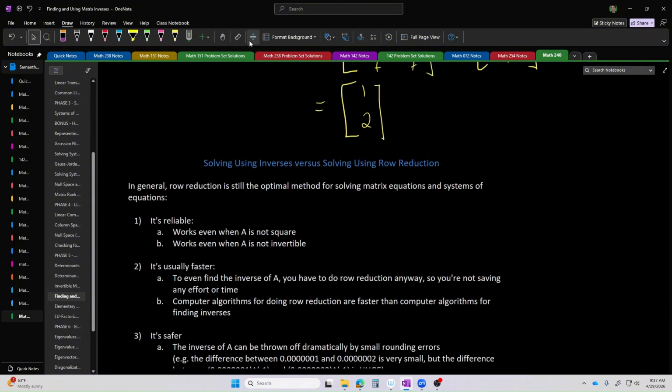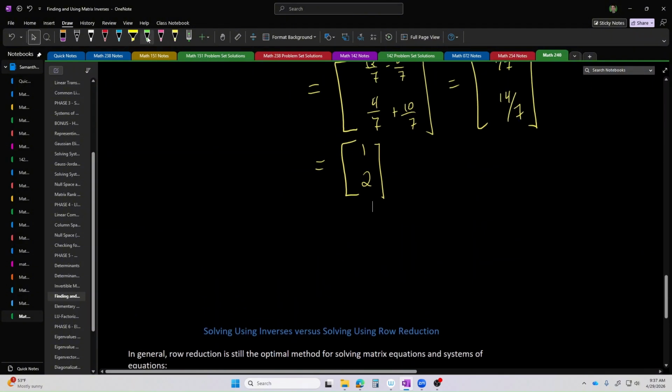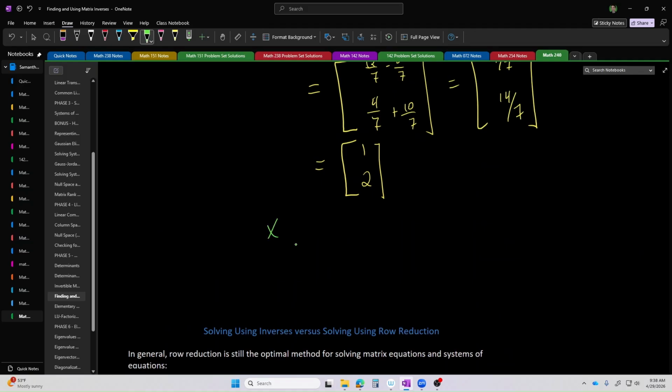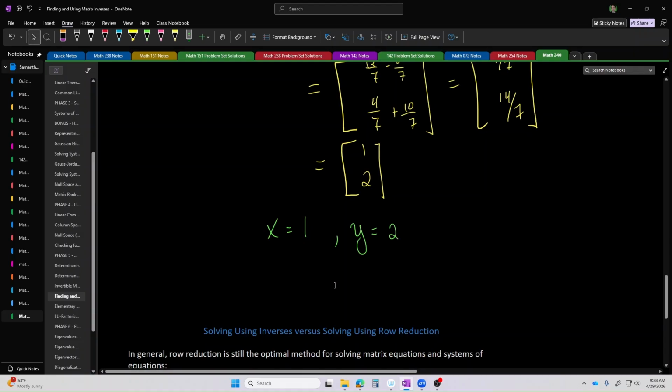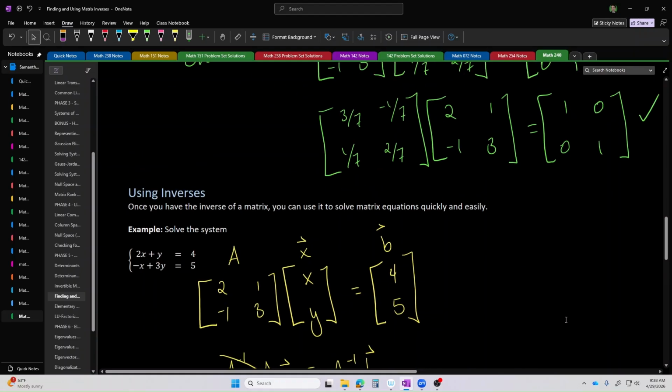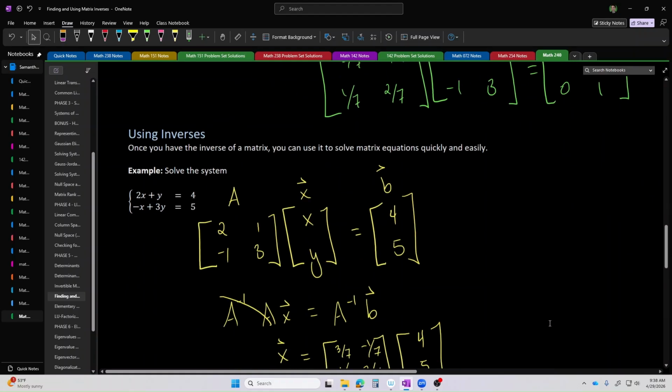So the solution to this system would have values where the first variable x is equal to 1 and the second component y is equal to 2. So a single unique solution, 1, 2. So this is how matrix inverses can be found, and this is how matrix inverses can be used to solve systems and to solve matrix equations.